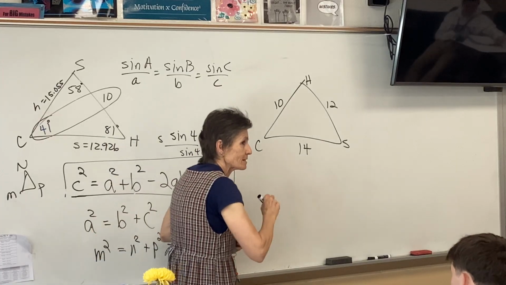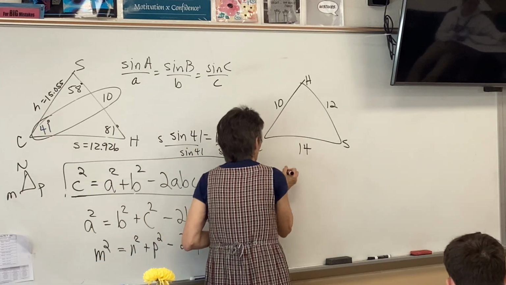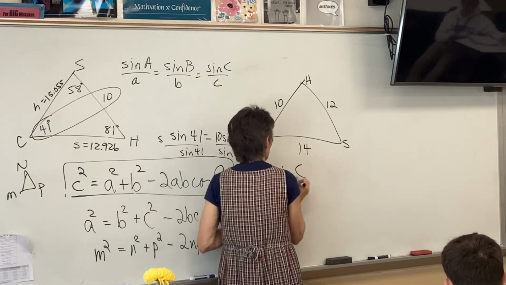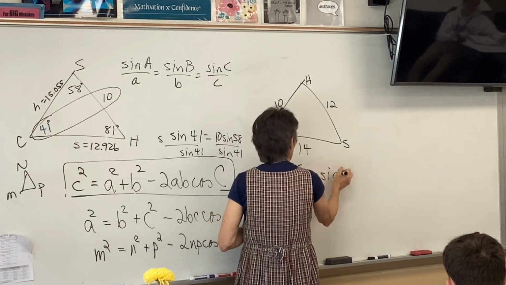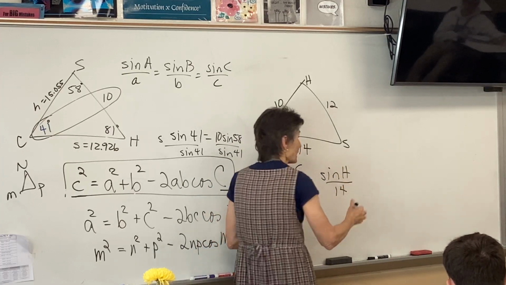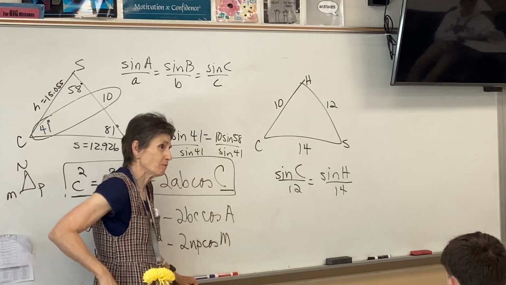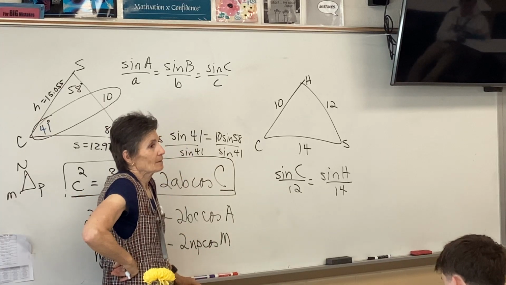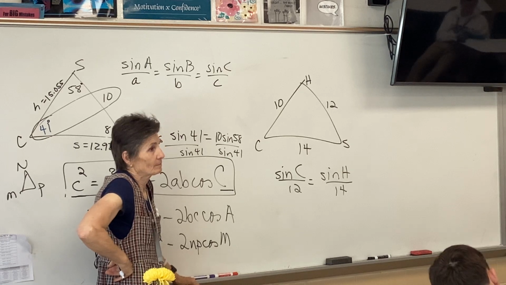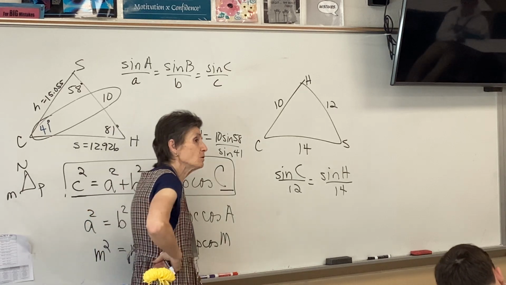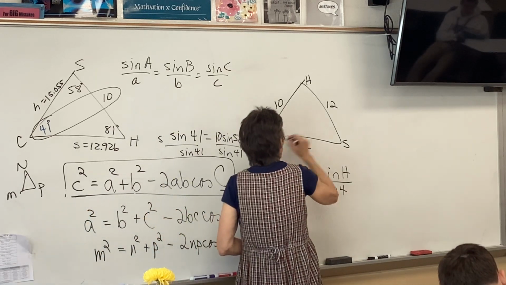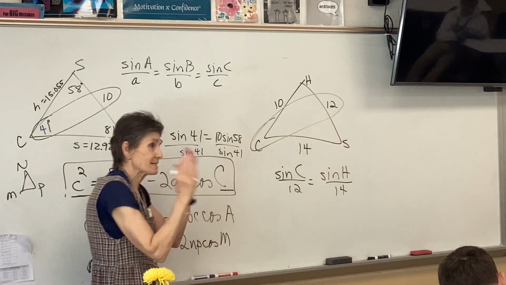Remember, to use the law of sines, I would have something like sine C over 12 equals sine H over 14. That is absolutely a true statement, but is it solvable, Charlie? No, it's not. We got too many variables in there. Remember, to use the law of sines, you have to have a set.